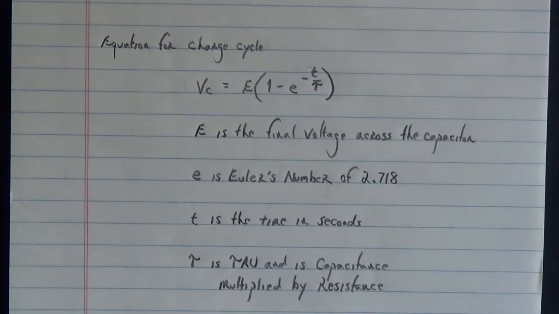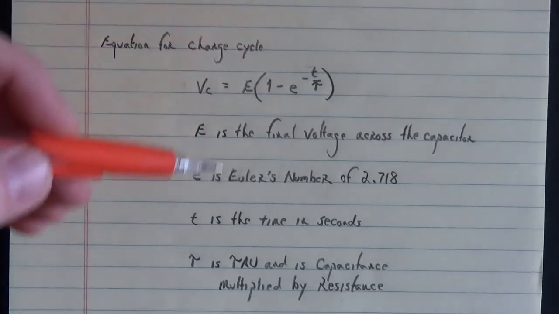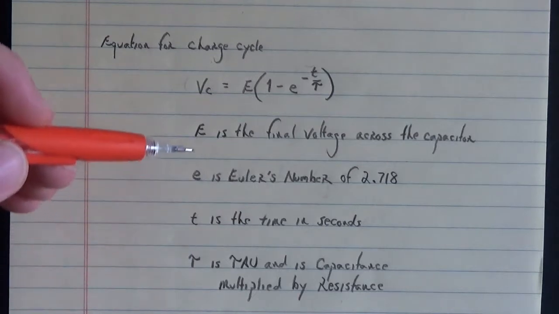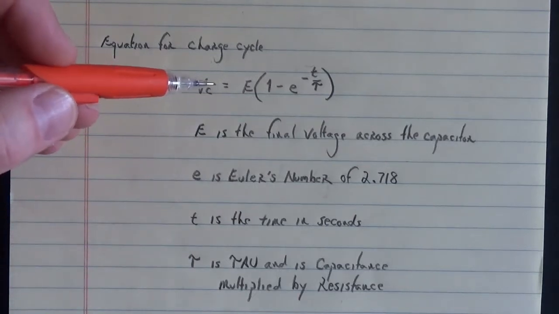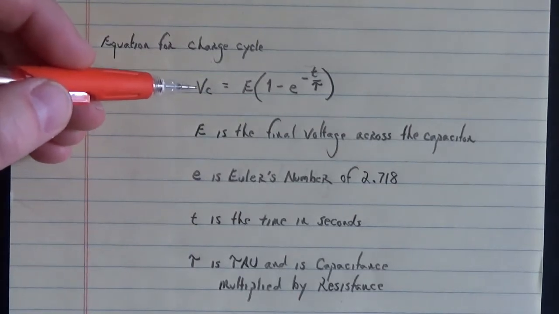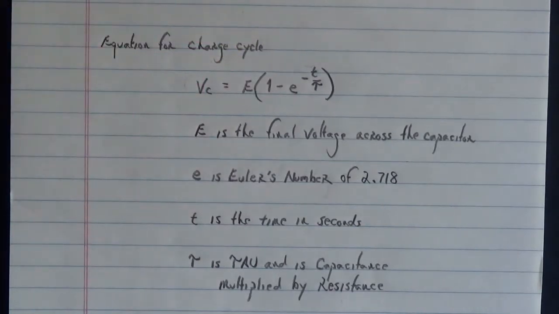Isn't that fascinating? You could take a time slice of when this capacitor is charging up and find out what the voltage across that capacitor is at that time. That's amazing.